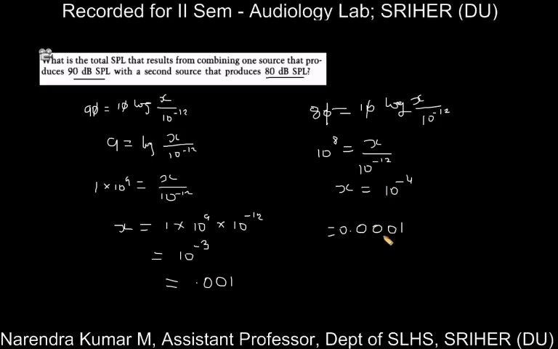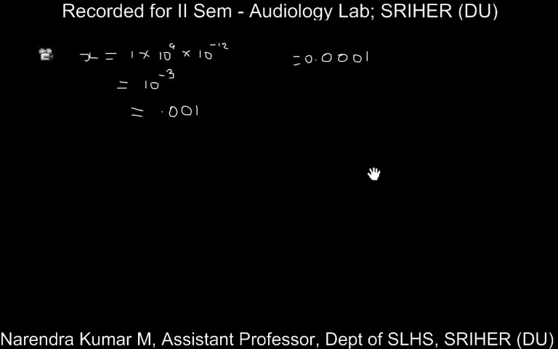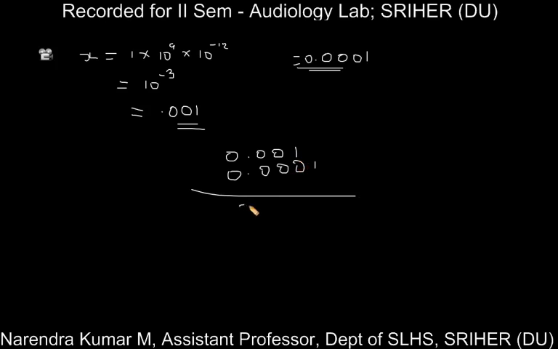Now we can add these two values. On adding these two values, we will get a summed value of 0.0011, which can also be written as 1.1 into 10 to the power minus 3.